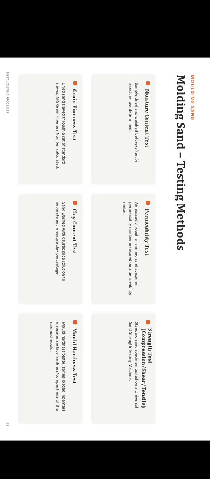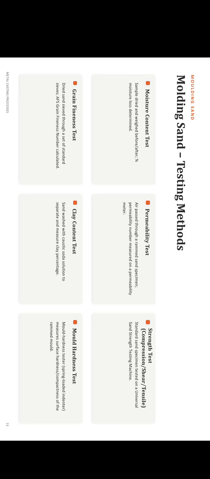Permeability test: air passed through a rammed sand specimen, permeability number measured on a permeability meter. Strength test: standard sand specimen tested on a universal sand strength testing machine.